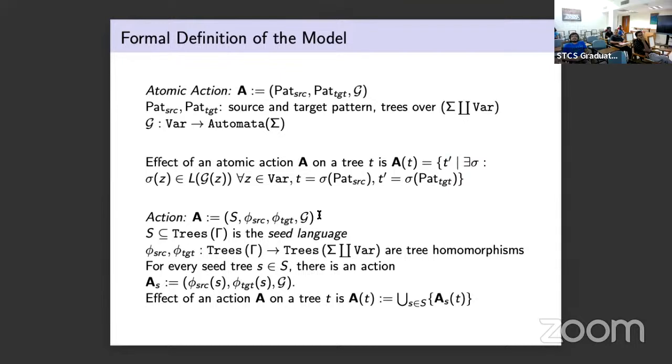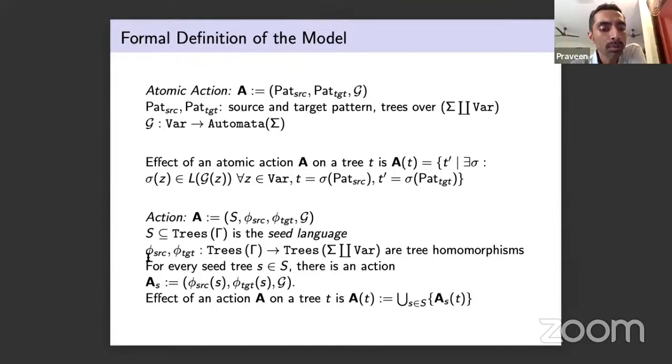Okay. So in particular, if you set these phi source and phi target, the homomorphisms, to the identity morphisms, then this action is basically just the transduction that you are using in the underlying formalism. That's the bimorphism.